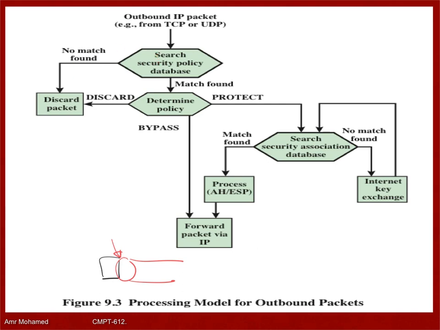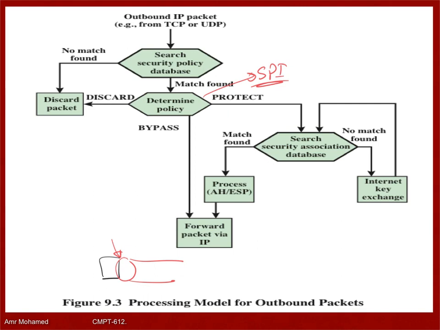That's why we have wildcards. Wildcards indicate some default actions. So we have to have a match in the security policy database. Only if we have a match do we determine the policy. By determining the policy here, we get the security parameters index from the security policy database.